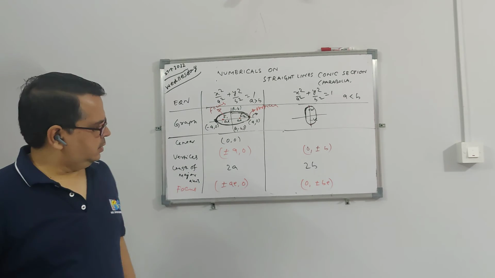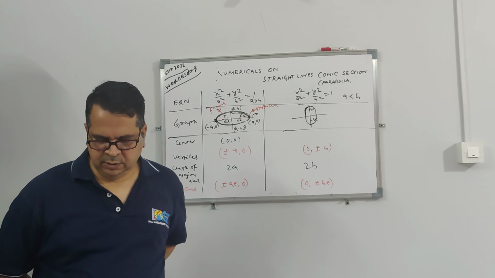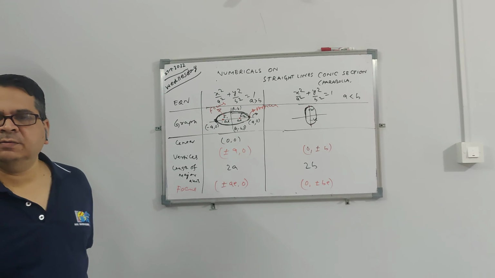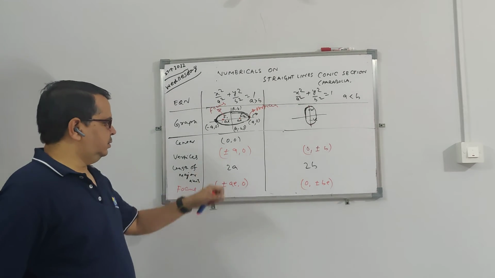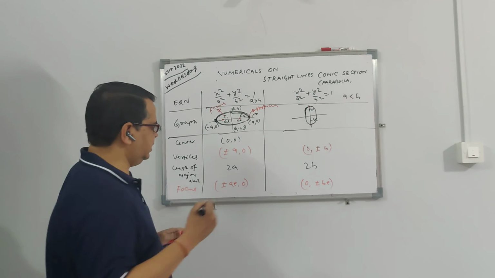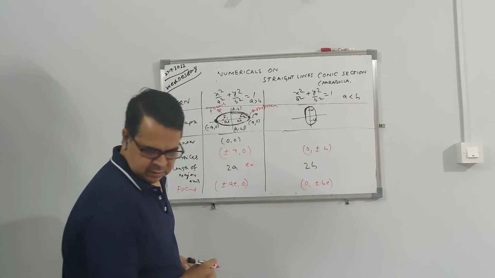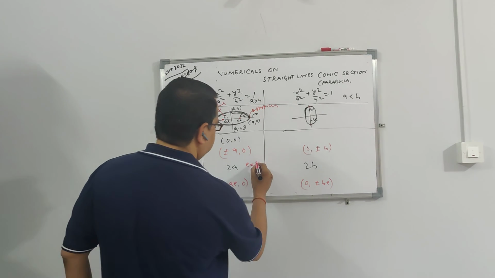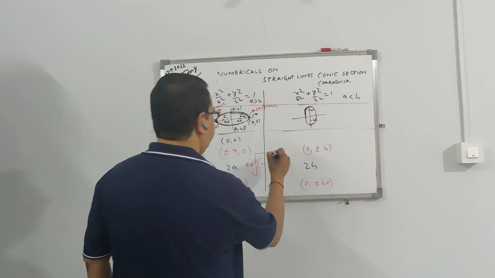One important thing that we need to remember is eccentricity. I have seen in many JEE questions this eccentricity is coming. So what is the eccentricity for this ellipse? The eccentricity e is equal to the square root of 1 minus b square by a square, because here b is small.